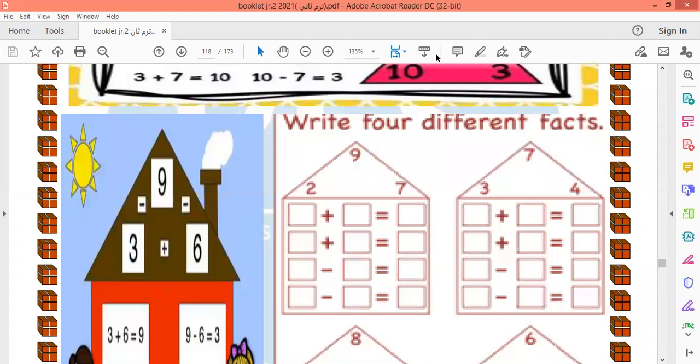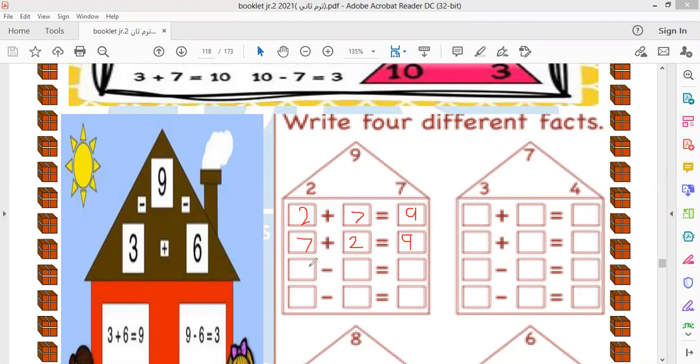Example number 1, we have here 2, 9, 7. Let's take 2 plus 7 equals 9. Second step, we switch the numbers: 7 plus 2 equals 9.